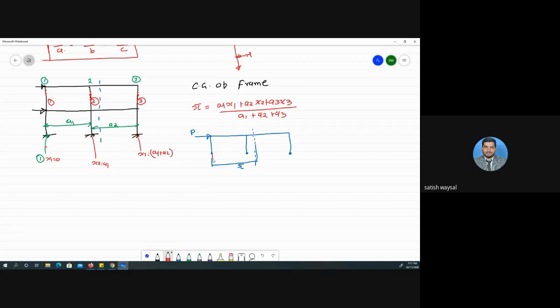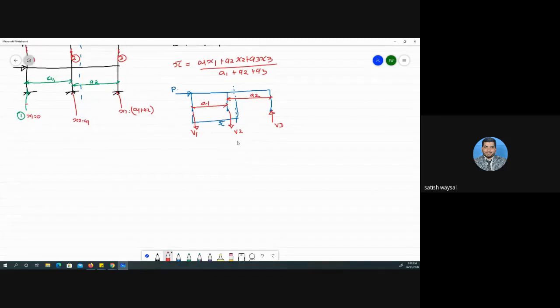Towards this side we assume that the reactions are in the downward sense, and beyond this x bar the reactions will be in the upward sense. Let this be V1, this V2 and this V3. Now this distance is x bar, this distance is A1, and this one is A2. According to assumption number 3, these vertical reactions are proportional to their centroidal distance from this.